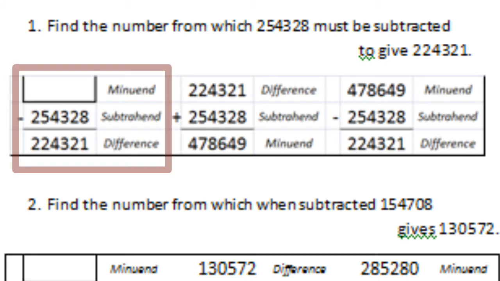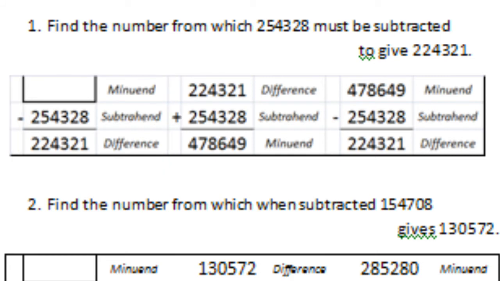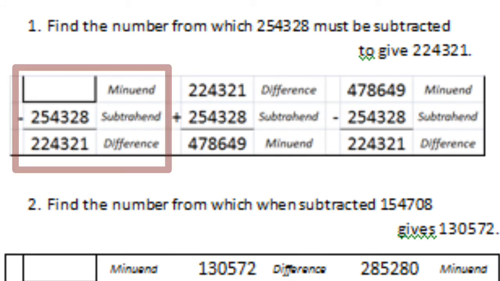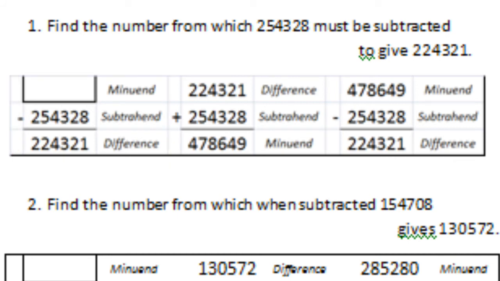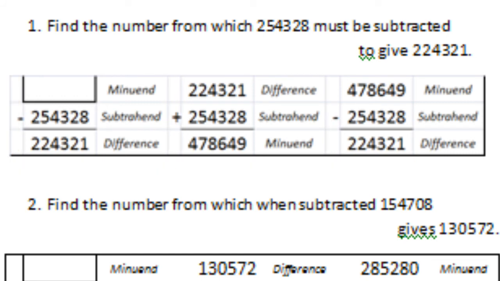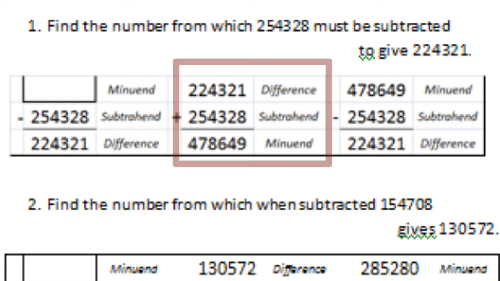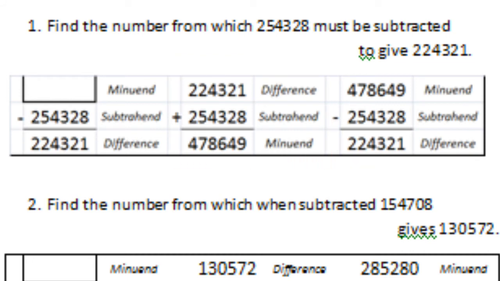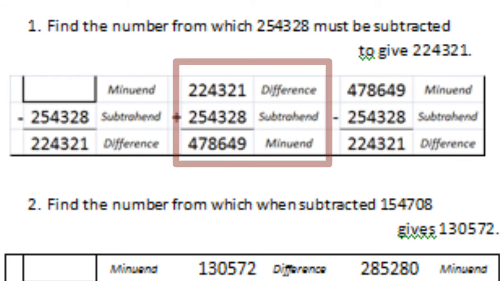The subtrahend is 2,54,328 and the difference is 2,24,321. This is given. So to get the minuend we have to add the subtrahend with the difference.